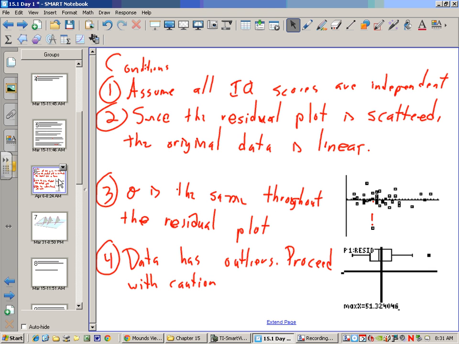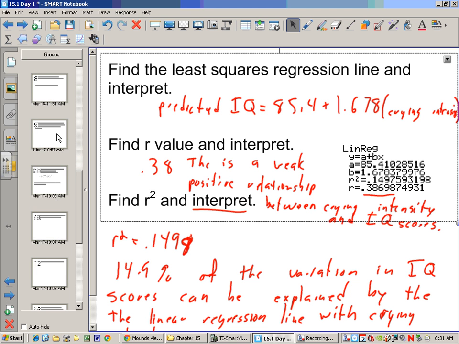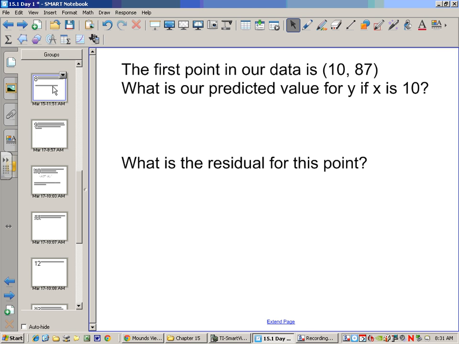So we have our equation here. Nope, not there, but there. If x is 10, we plug a 10 in for our crying intensity. So 85.4 plus 1.678 times 10, and I'll get 102.18.